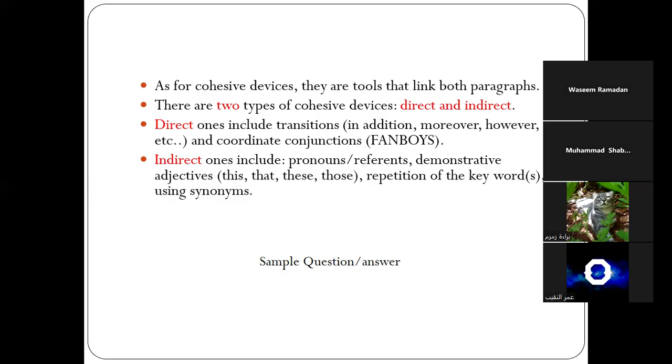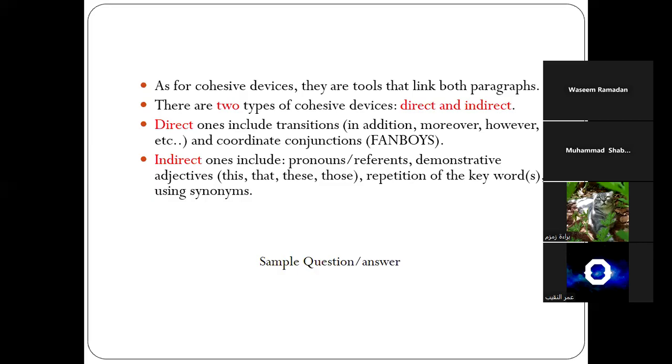So, in order to determine the cohesion or cohesive devices, I look at the beginning of the second paragraph, and I see, is there any tool? If not, then it is surely indirect. We have 4 methods. It's either indirect by repeating a keyword or using synonyms. Fine? Is there anything you didn't understand?